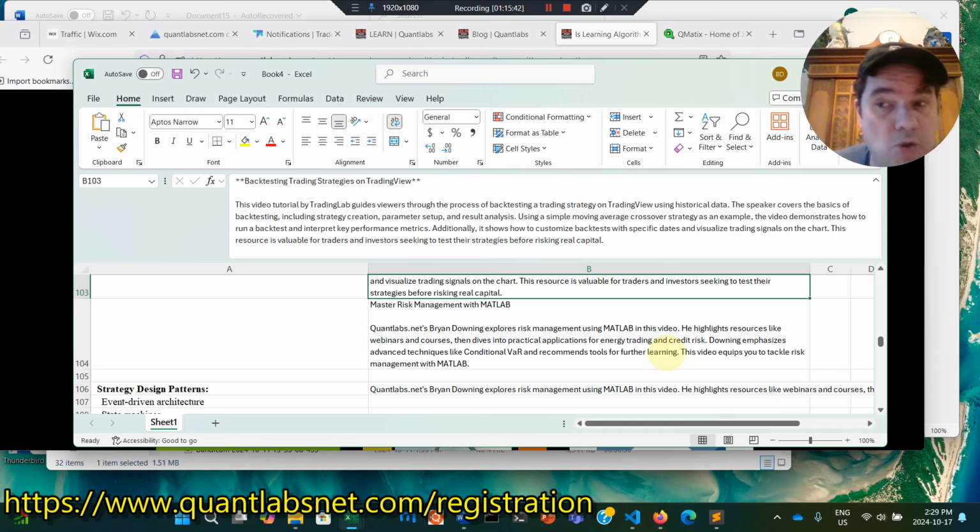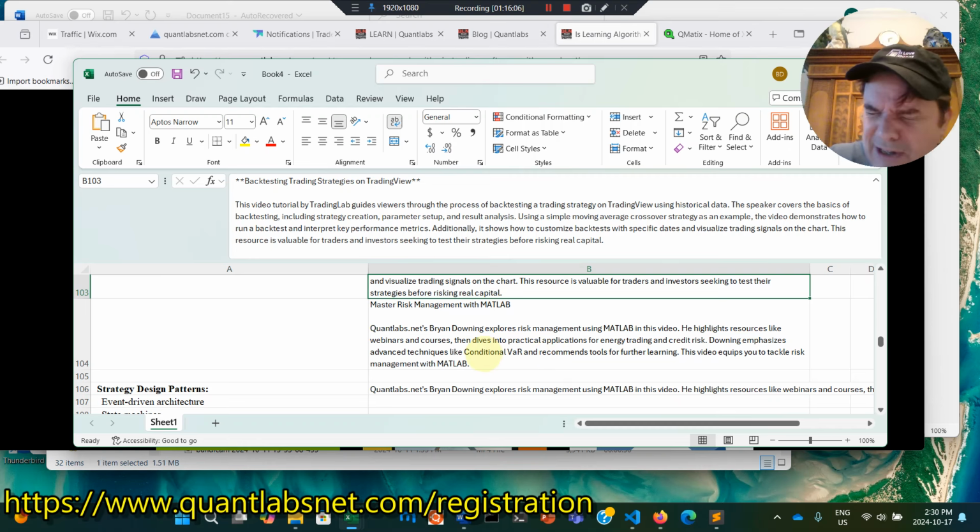Again, this is institutional level, for oil trading firms or oil firms like Exxon themselves, for energy trading and credit risk, which is one of the big ones where institutions will trade. Downing emphasizes techniques like conditional value at risk, and you'll hear about that a lot when you apply for jobs.